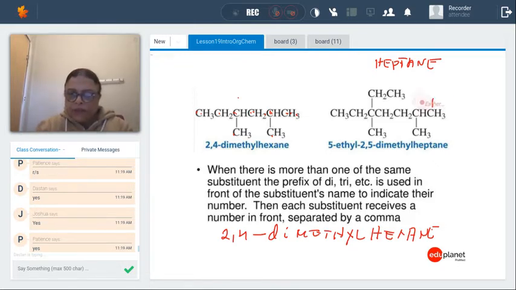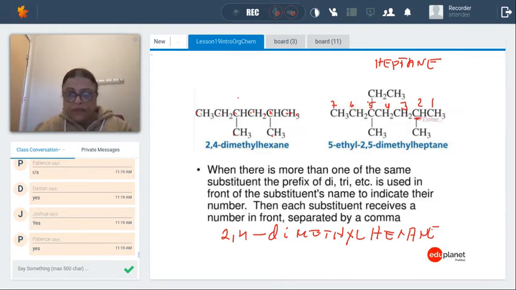If I have 1, 2, 3, 4, 5, 6, 7, then the first substituent gets the smallest number this way. Correct? Because if I start counting from the other direction, then the substituents will start at position 3. 1, 2, 3. So I count 1, 2, 3, 4, 5, 6, 7.